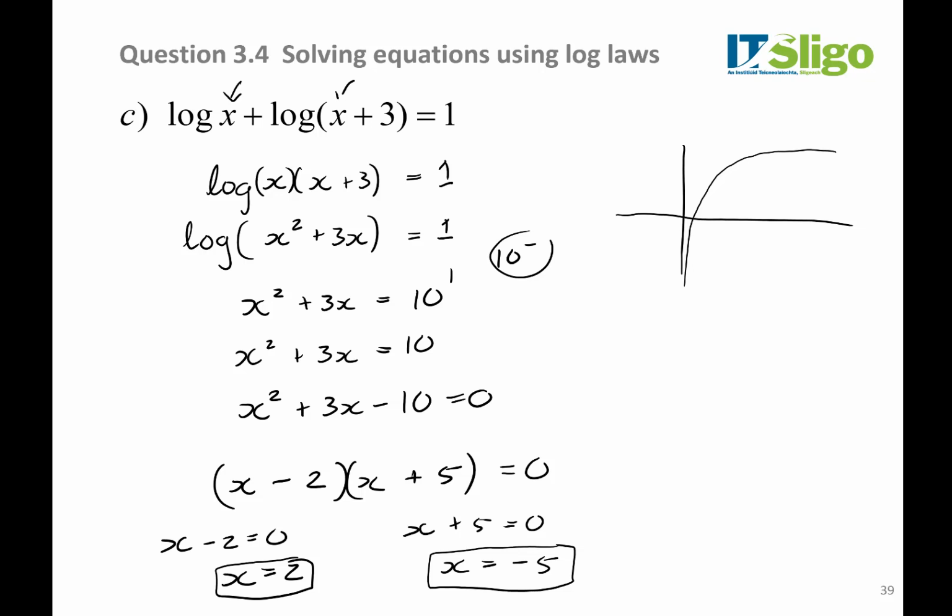Again, I'm getting the log of a negative number, which is impossible. Logs don't exist in the negative realm. So for that reason, guys, this answer here is actually invalid. So x is equal to 2 is the correct answer there.